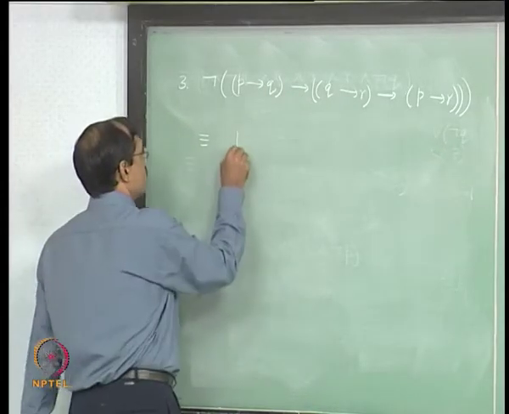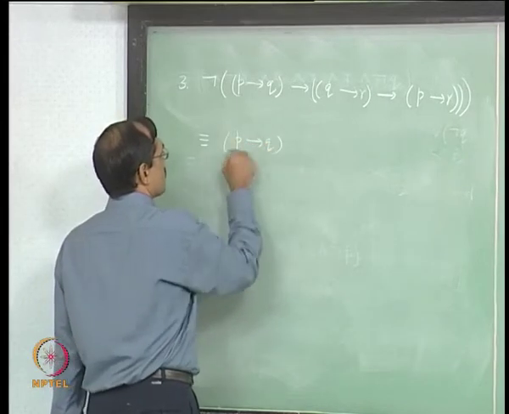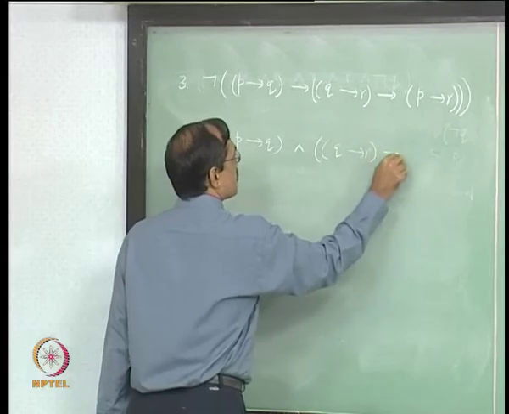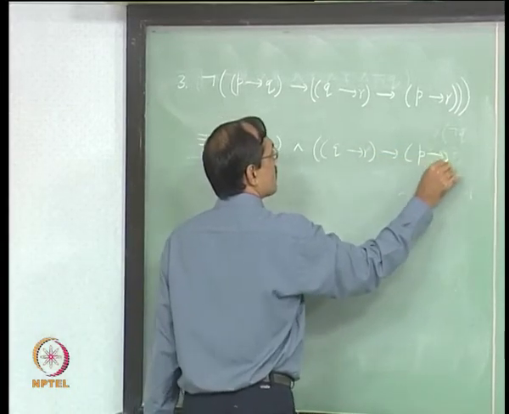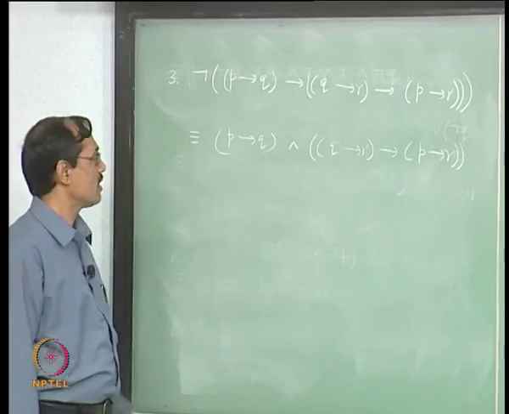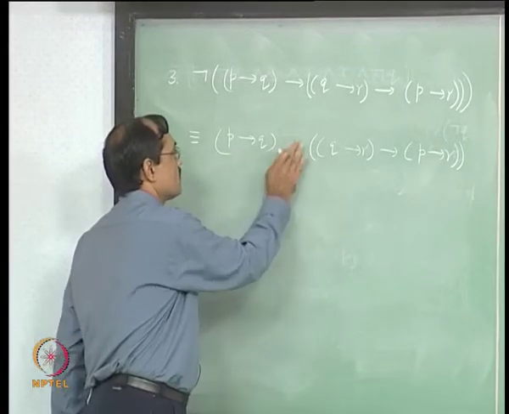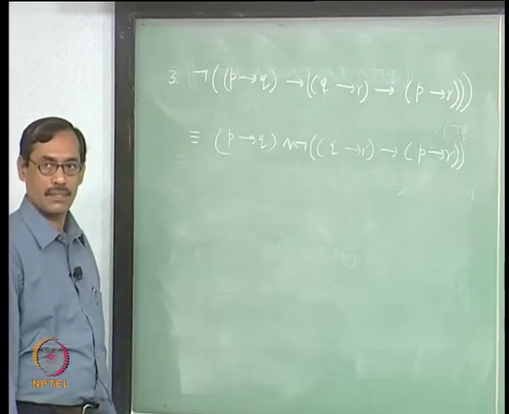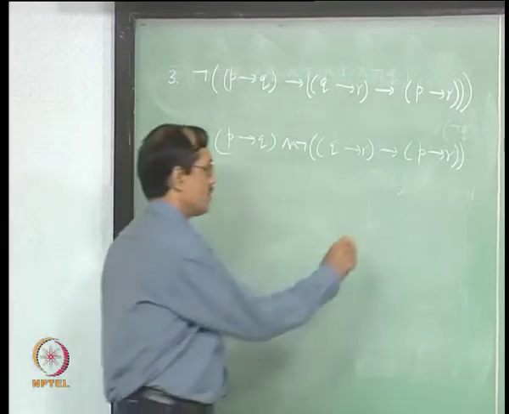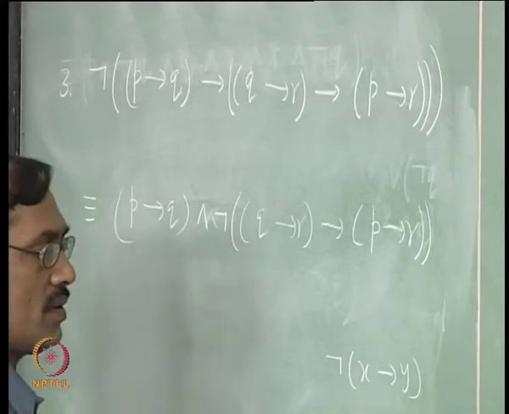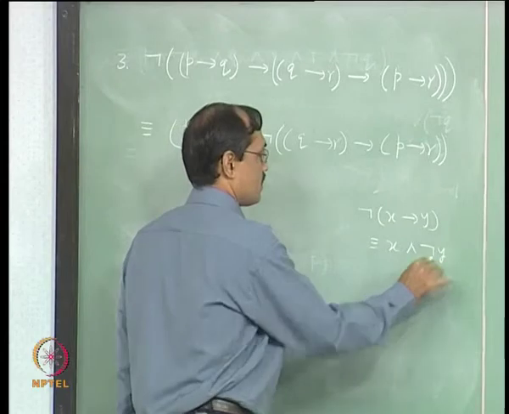So, this gives P implies Q and Q implies R implies P implies R. Okay. Its negation, right. What we are doing is not of x implies y is equivalent to x and not y.